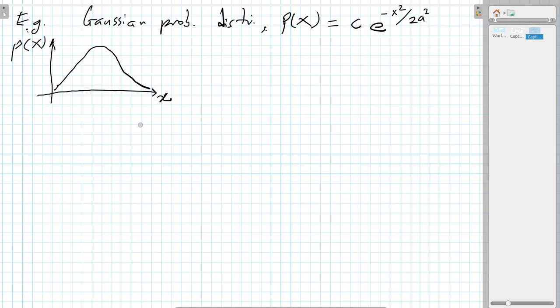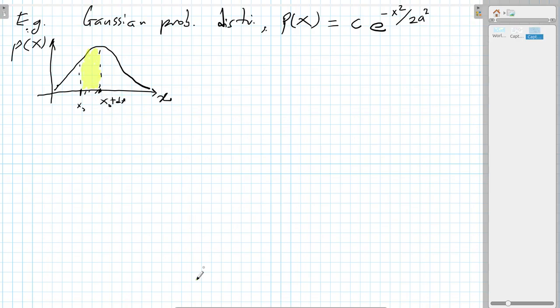You can see the probability of getting a number between x0 and x0 plus dx. I've chosen an interval here, dx. As we've mentioned earlier, it's the area under the curve within the chosen region. So the area here, I try to shade a bit for you to see.